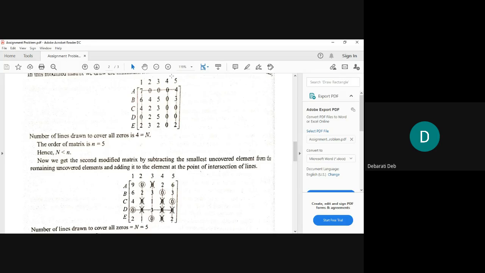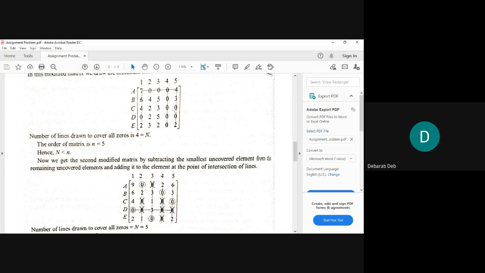Then on 0, in the first row, fourth element, there is a point of intersection. And also in the first row, fifth element, there is a point of intersection.